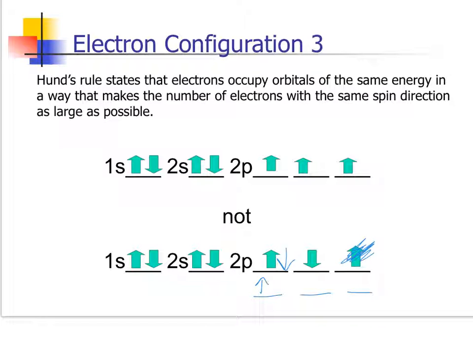Once you have to pair up, then pair up. And so this is what this image should look like. I don't know why that didn't happen. So we want it to look like this. Good. And the other one is bad. We pair them up at the lowest level first. Next level, I still have to pair that one up before I can start expanding out. We'll look at some examples in just a little bit that might help explain this idea a little better.